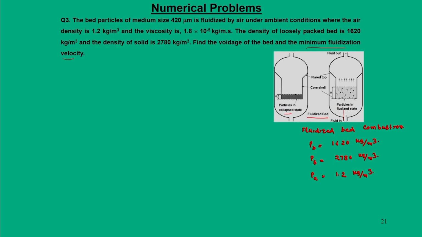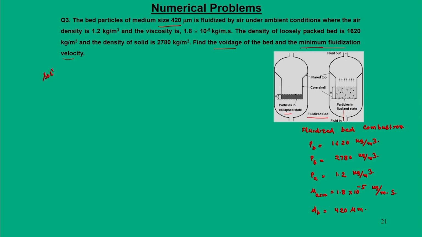In addition to that, we have the viscosity of air, which is 1.8 into 10 to the power minus 5 kg per meter second. And also the diameter of the particles, dp, is 420 micron. So, with this data we are going to calculate the voidage and the minimum fluidization velocity.